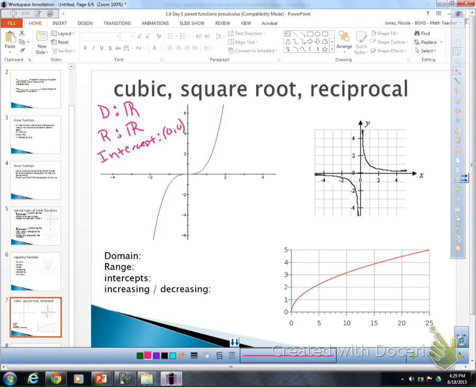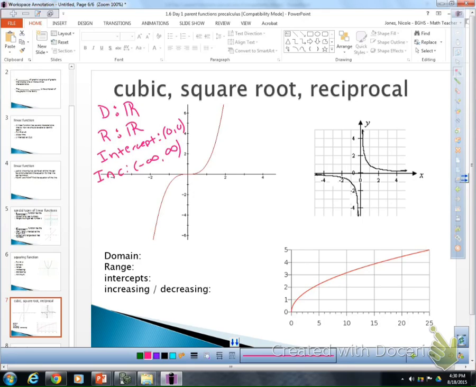Increasing and decreasing. If you look at this graph, the graph is constantly increasing, so it has a positive slope. So we could say it's increasing on the interval from negative infinity to positive infinity.